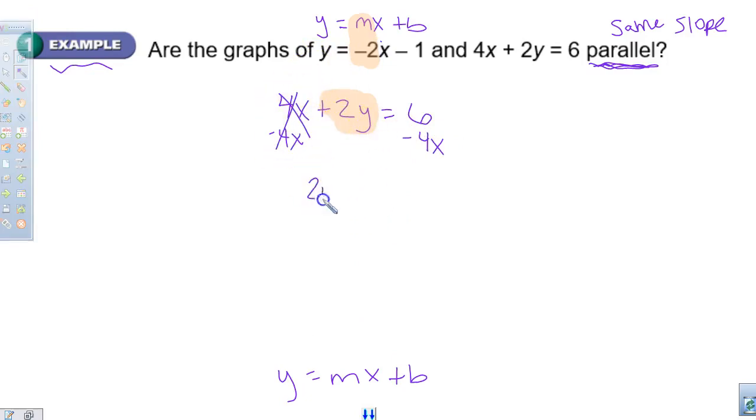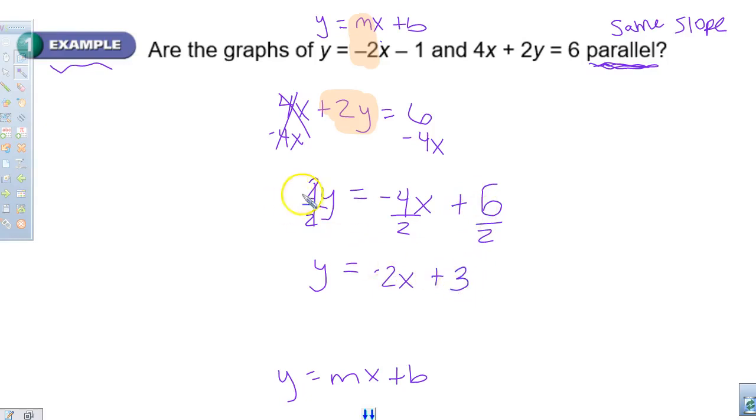I get 2y equals, and since I want my equation to say mx plus b, I'm going to put the negative 4x first, because the x's come first, and then write my plus 6. Then to finish getting y alone, we divide all three of these pieces by 2. Negative 4 divided by 2 is negative 2x, plus 6 divided by 2 is 3. So I just converted this to slope-intercept form.